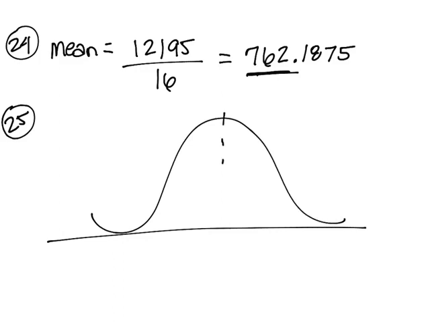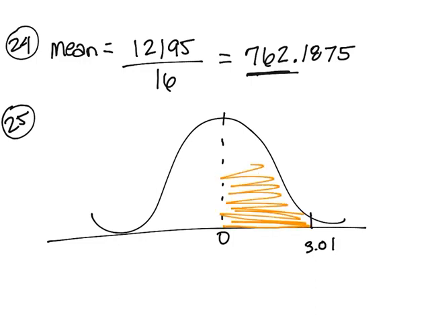25. Ask you to find the area that lies between 0 and 3.01. So if you're going from the middle directly to that z-score, what picture is that? Mean and z. Remember, you got to go over the middle. I'm asking you to start at the middle. Does that make sense?